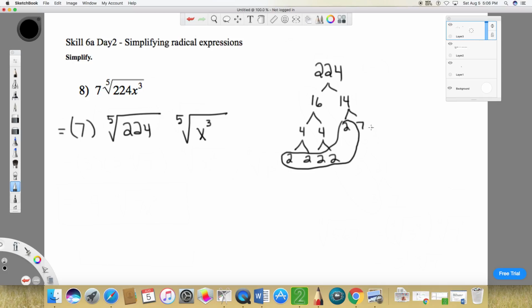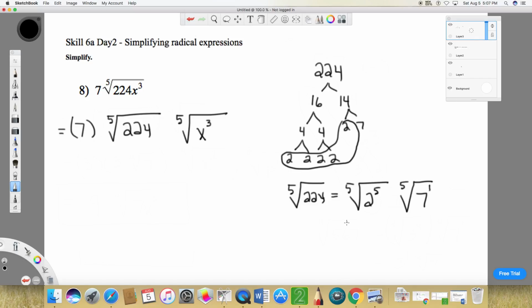Okay? And so we know that the 5th root of 224 breaks down to the 5th root of 2 to the 5th times the 5th root of 7. And that 7, there wasn't enough of the 7s for us to simplify this radical.